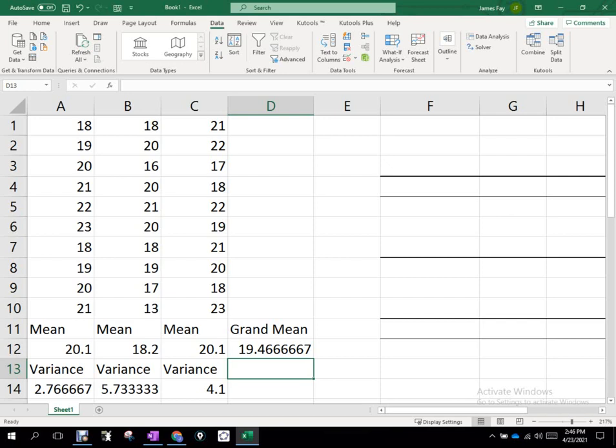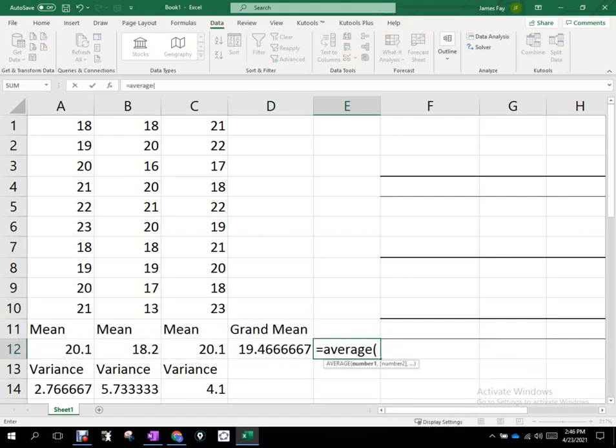Okay. A little bit of algebra will tell you that if we're going to take the average of these 3 things, but each one of those was the average of these, then the grand mean can also be found by taking the average of all 30 data points. Okay?